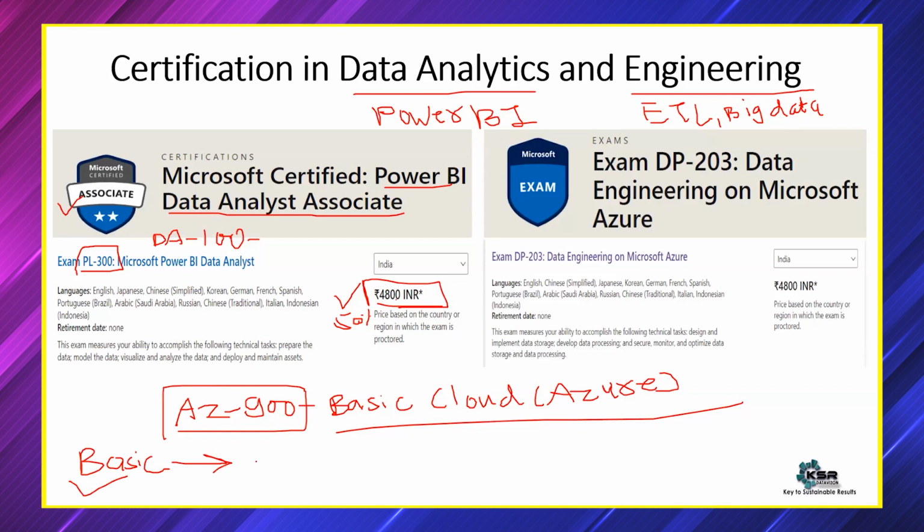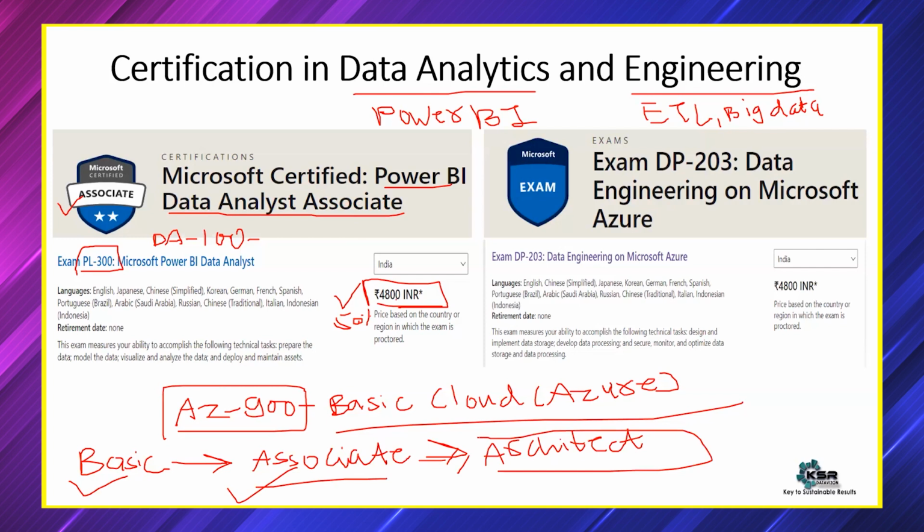After basic level, there is an associate level, which is level 2. Data analyst is an associate level, the highest level from a data analyst perspective. After associate, there is an architect level certification. For us, architect is not that required. If you are working more as a data engineer or data architect, you can expect this architect certificate.